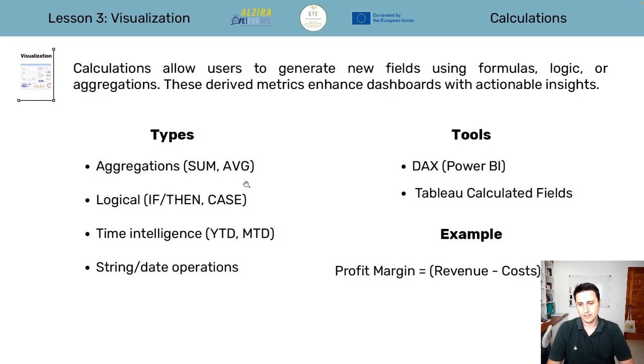Okay, there are some types of calculations. The most commonly used, for sure, are aggregations like sum or average, or divisions or mathematical operations. There are a lot of different combinations. Also statistical ones. Then we have the logical formulas with if, then, case, or other loops like for, while.